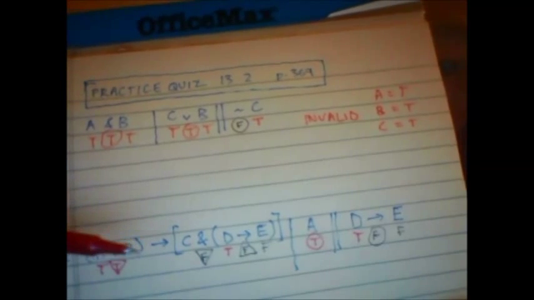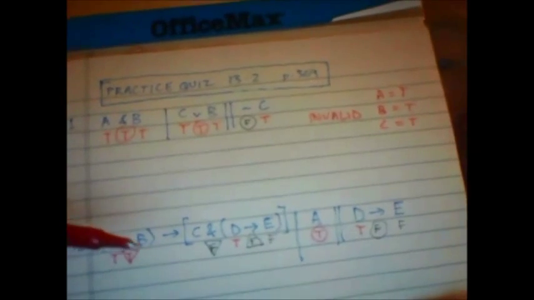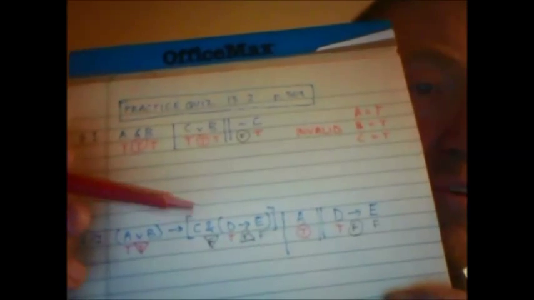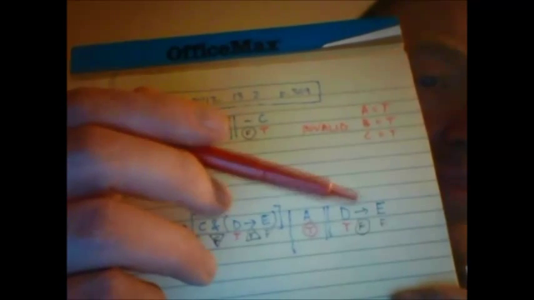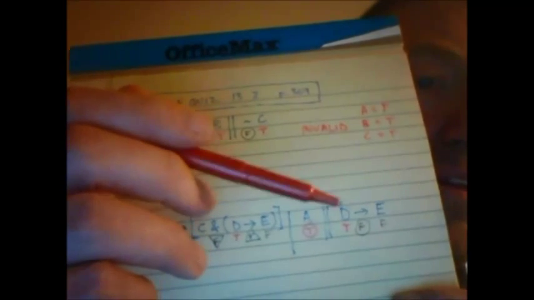So what that means is, first of all, we have shown that this argument is valid because we were unable to make this premise true. The values that made this premise true combined with the values that make this conclusion false force this premise to be false.